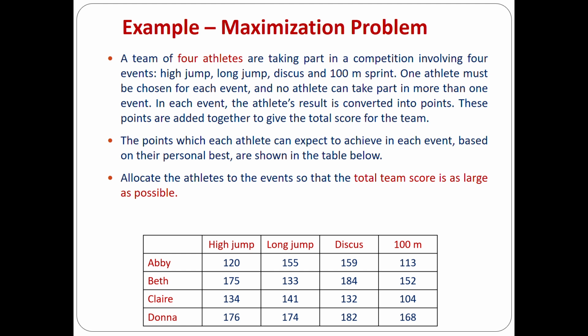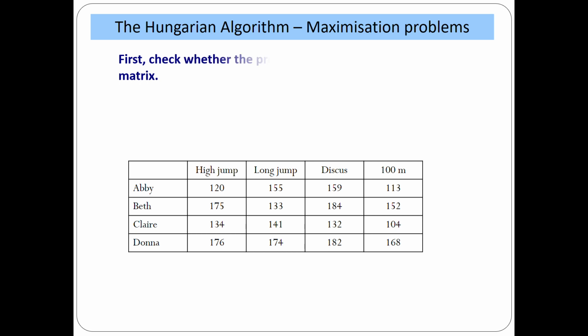But before starting any of this, the first thing is we have to check whether the problem is balanced or not, that is, whether the given problem is a square matrix or not. And then only we go on to the conversion of the maximization problem into a minimization problem.